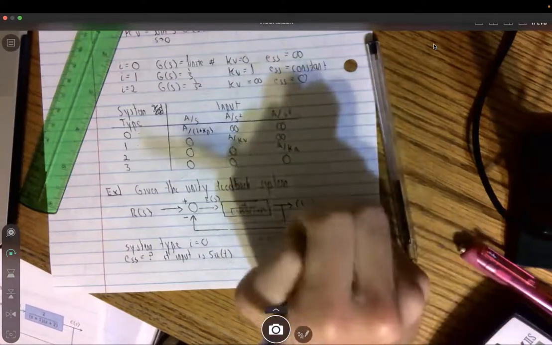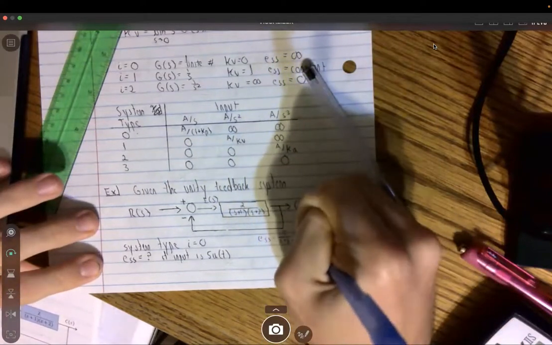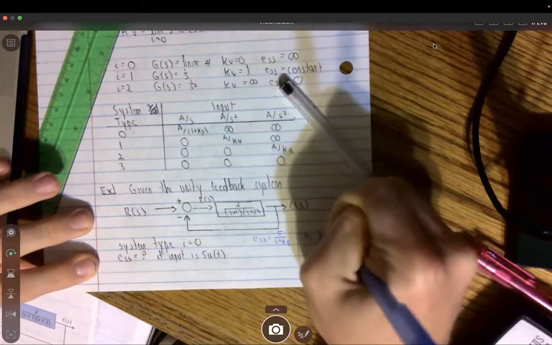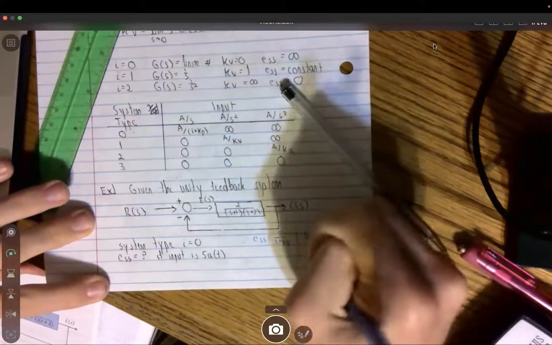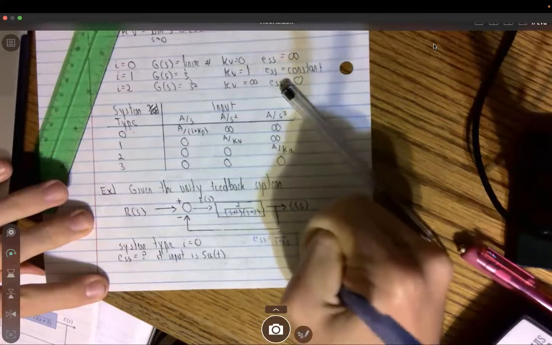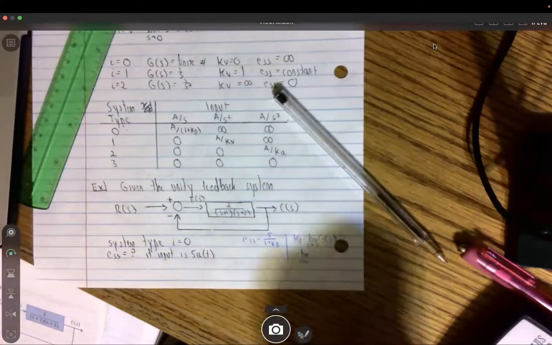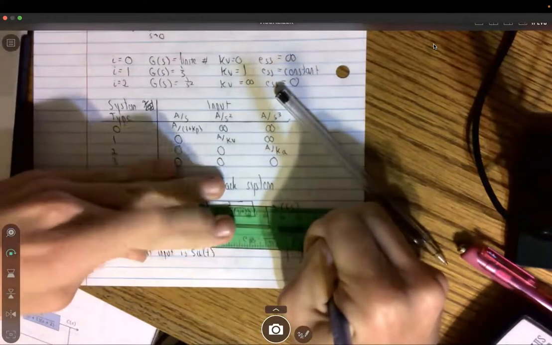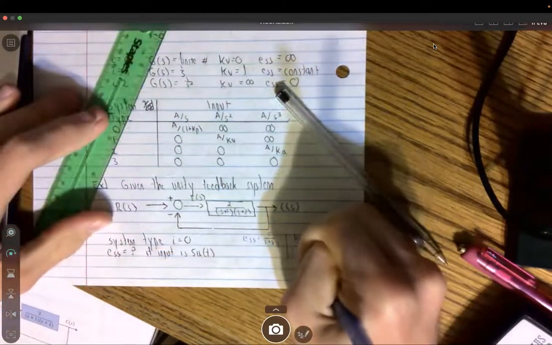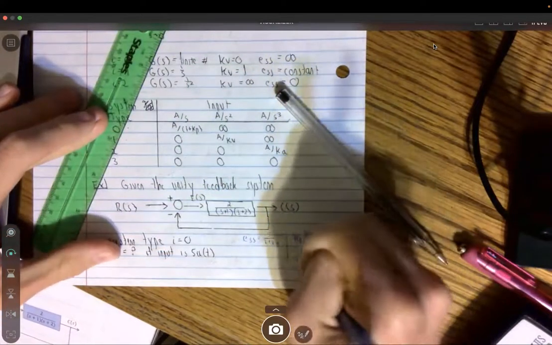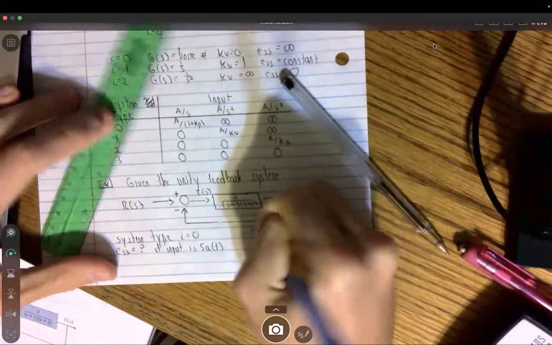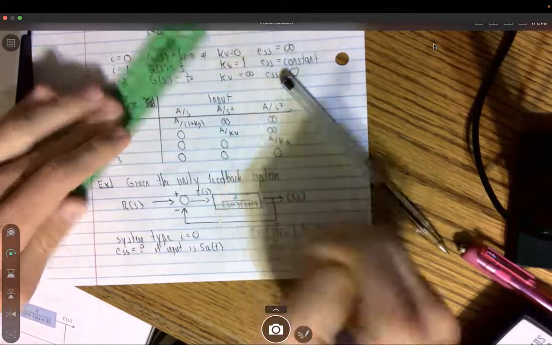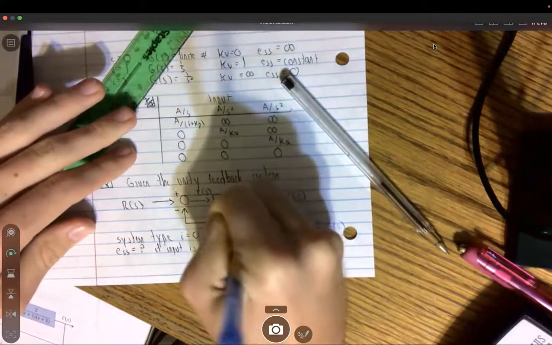And remember, your kp is defined as the limit as s goes to 0 of G of S. If we plug in s equals 0 here, you're going to get 2 over 1 times 2, and so you're going to get 1. And so it's going to be 5 over 1 plus 1, which is 5 over 2. So that's going to be your steady state error. It's going to equal 5 over 2.